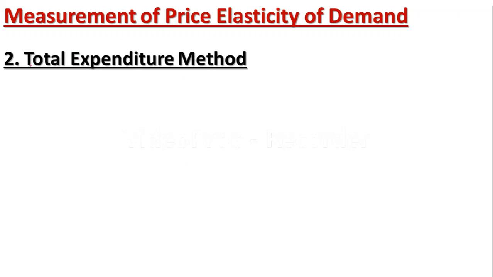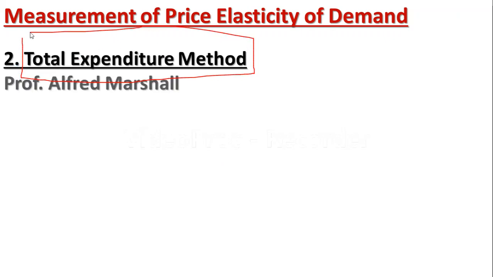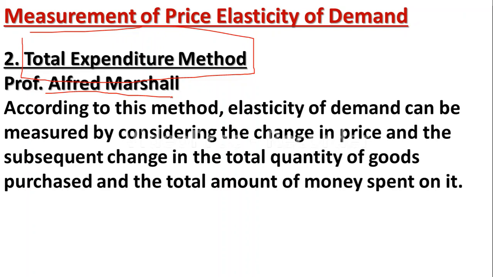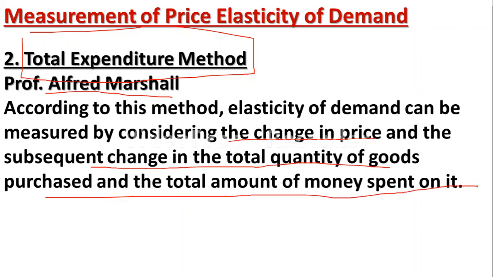Then the next method is the total expenditure method. This method is also given by Professor Alfred Marshall, and according to this method, elasticity of demand can be measured by considering the change in price and the change in the total quantity of goods purchased and the total amount of money spent on it.